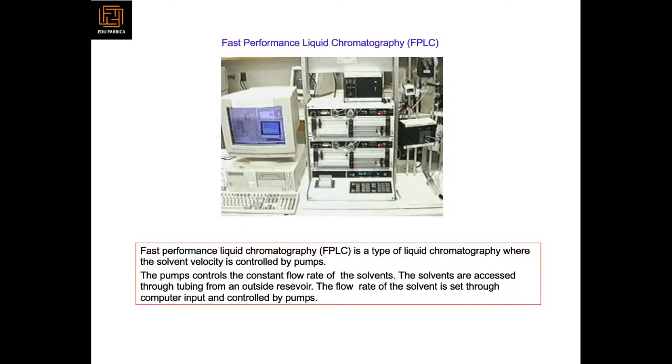It's a type of liquid chromatography where solvent velocity is controlled by the pumps. The pumps control the constant flow rate of solvents, and the solvents are accessed through the tubing from an outside reservoir.